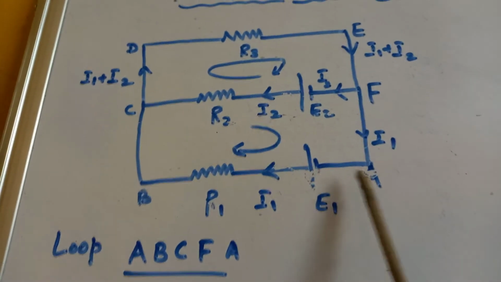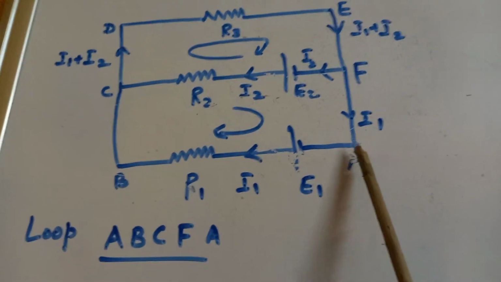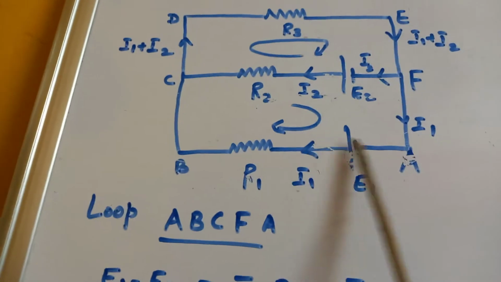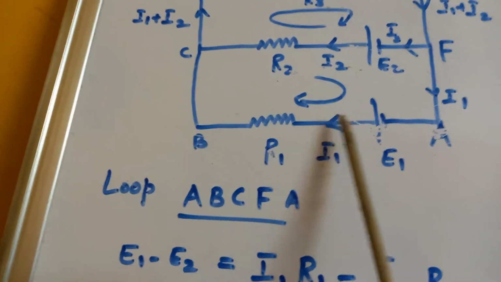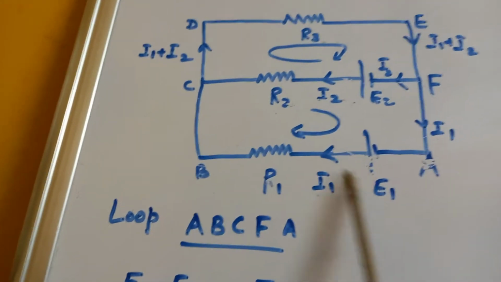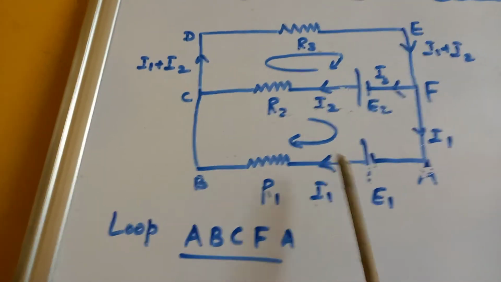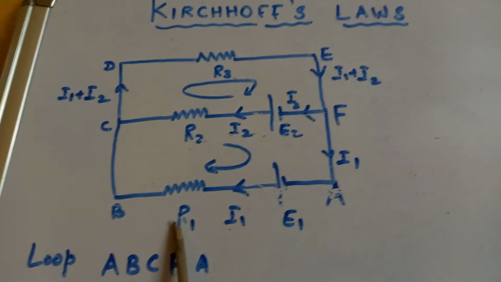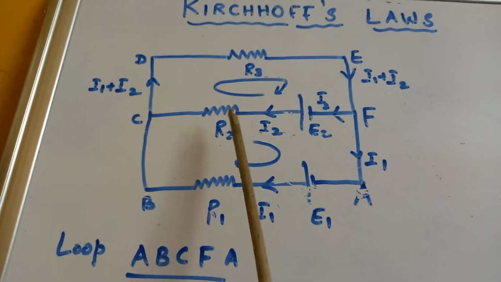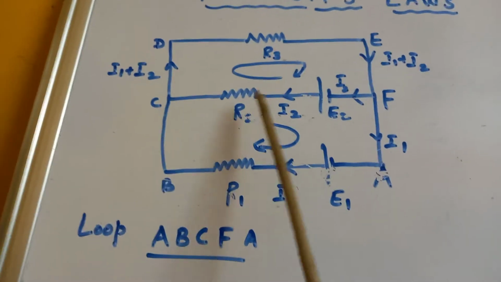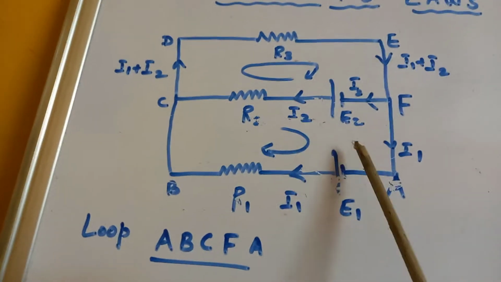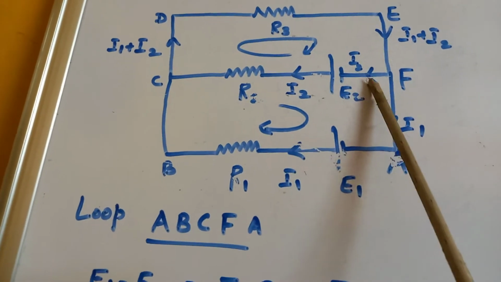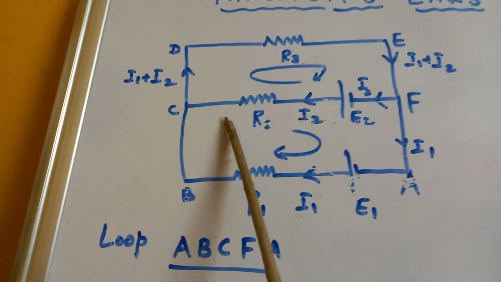Since the direction of traversal we have considered is A, B, C, F, A, see the direction of current I1: both are in the same direction. The direction of traversal and the direction of current are the same, so I1 R1 is positive. In the same way, consider R2. Through R2, the direction of traversal is C to F, but the I2 current is flowing in the opposite direction through R2.